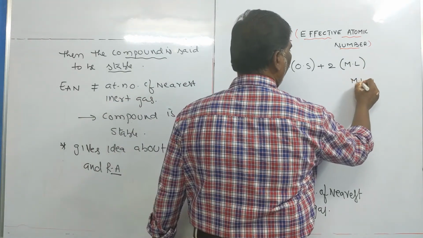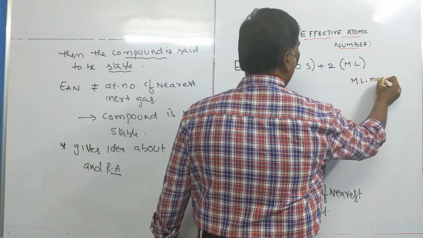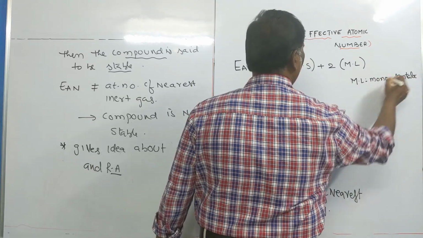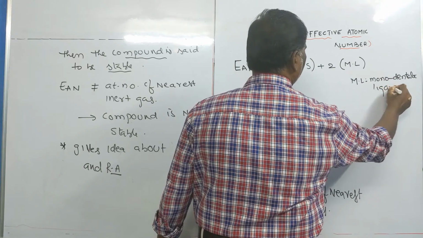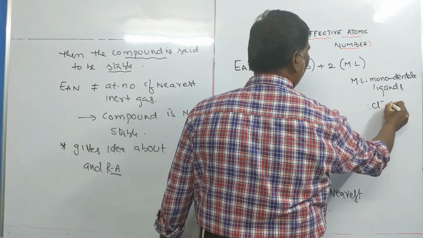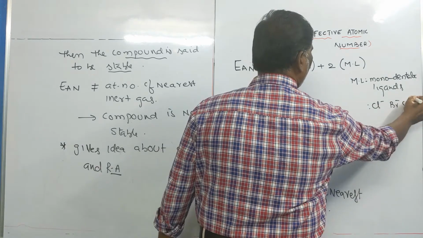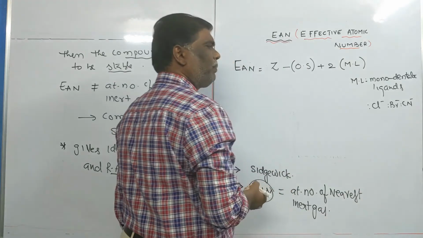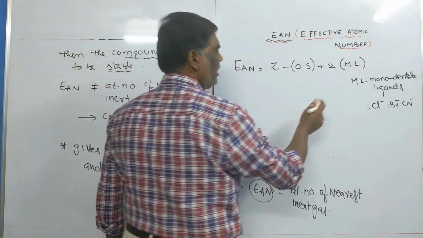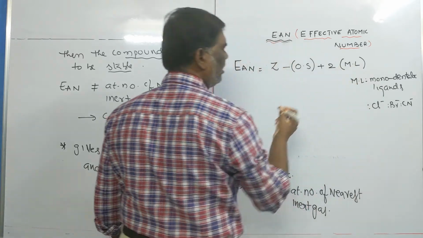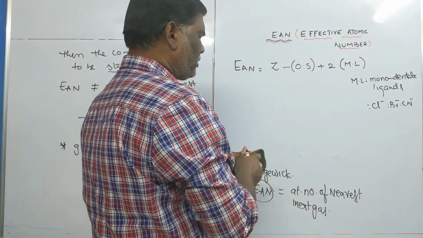Monodentate ligands are like chloride, bromide, cyanide. They donate one lone pair, which means 2 electrons, so 2 into the number of monodentate ligands.